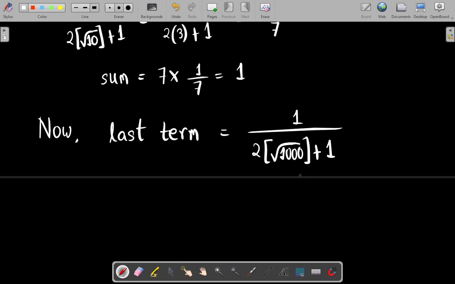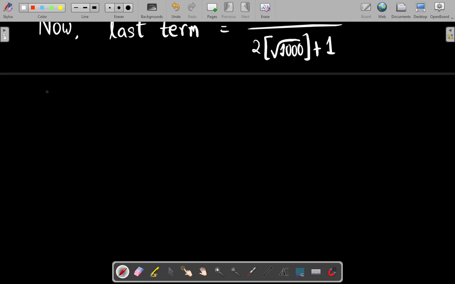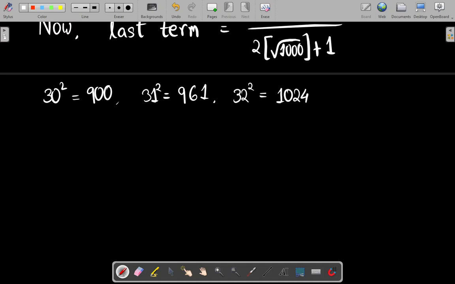Now for the square root of 1000, we have 30 square equal to 900, and we have 31 square equal to 961, and 32 square will be equal to, I think, 1024. So this one exceeds. So the square root of 1000 is somewhere between 31 and 32.